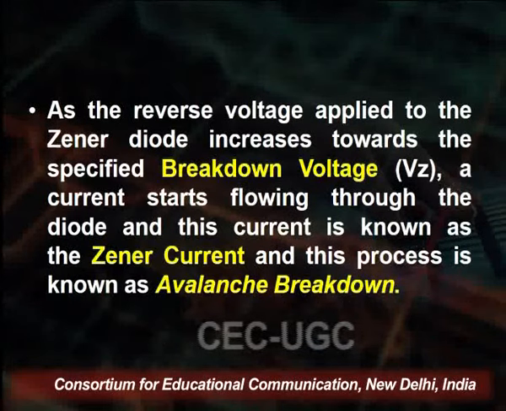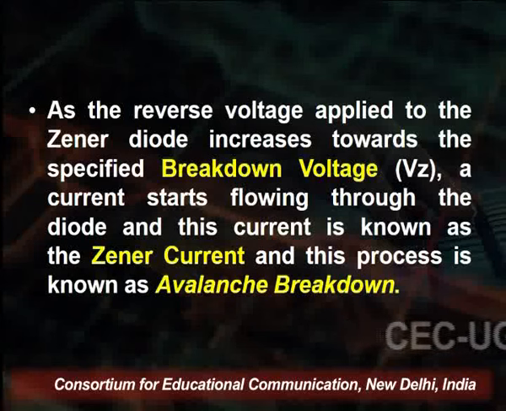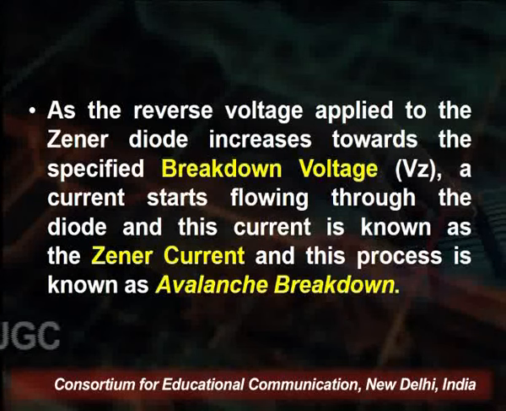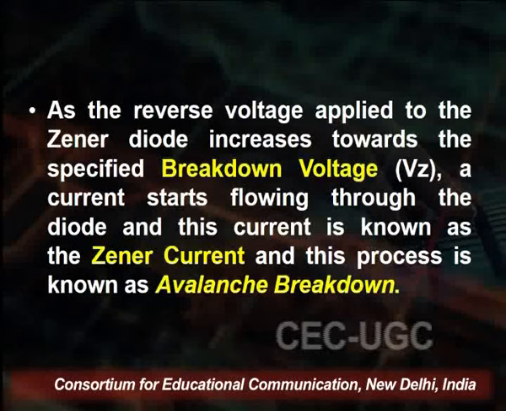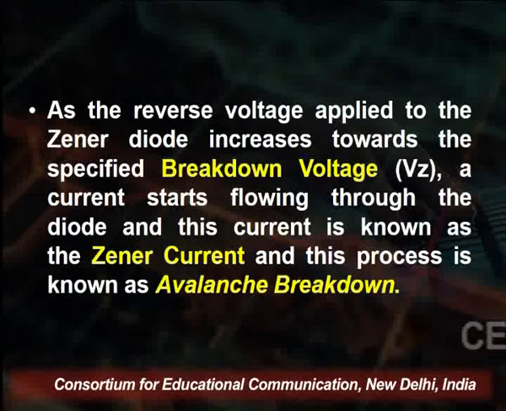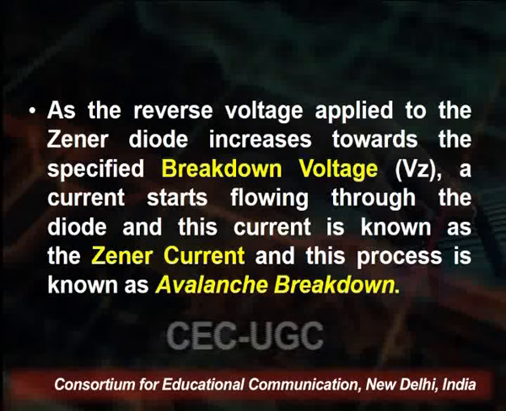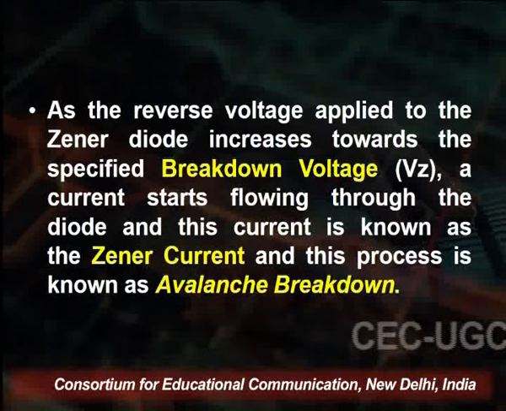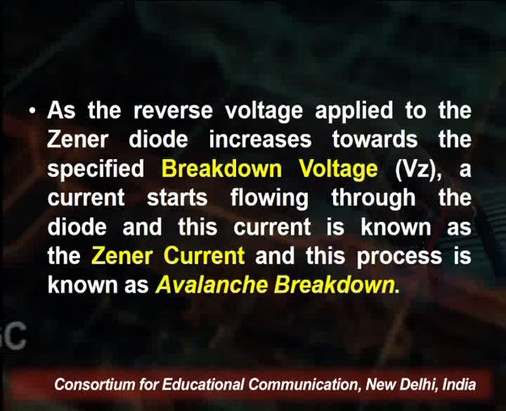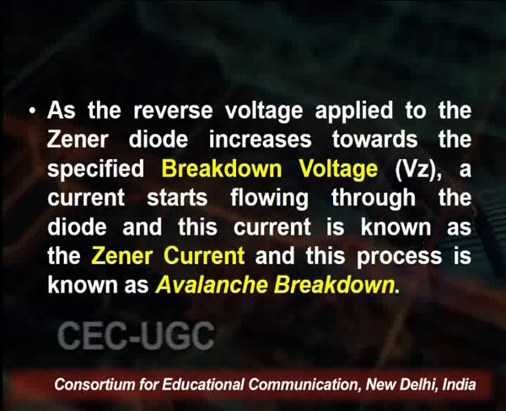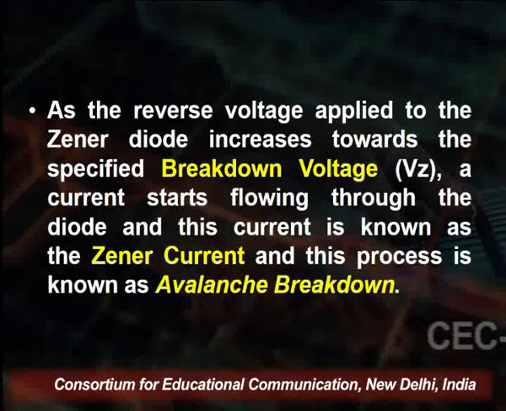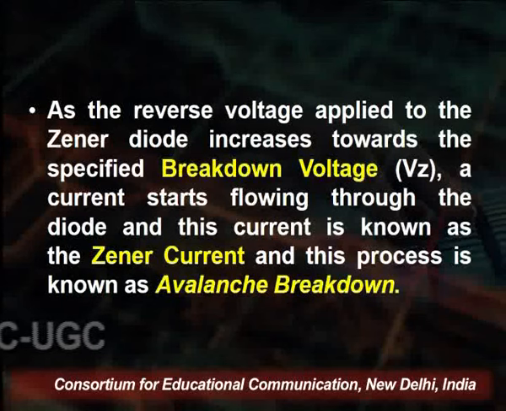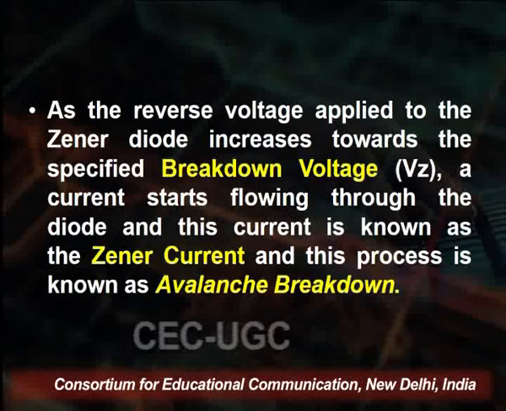As the reverse voltage applied to the Zener diode increases towards the specified breakdown voltage, represented by Vz, a current starts flowing through the diode, and this current is known as the Zener current. When the voltage applied is above the breakdown voltage, current flows, and this process is called avalanche breakdown.